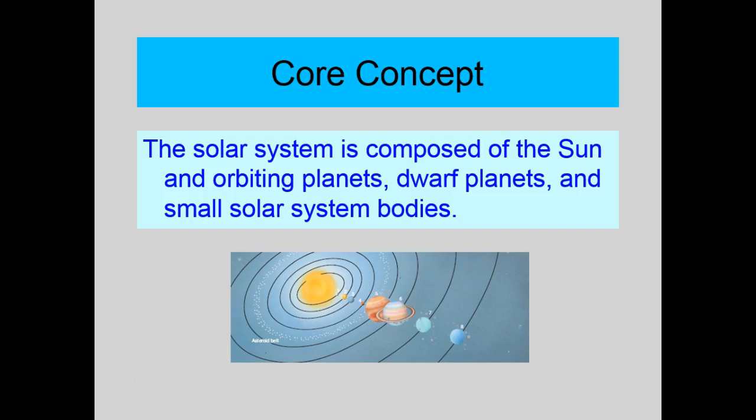Then there's the asteroid belt, and then there's Jupiter, the biggest planet in the solar system, by far. It has literally dozens and dozens of moons. I'm not even sure everybody has a good count on it.